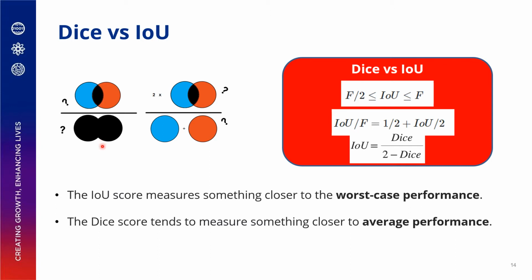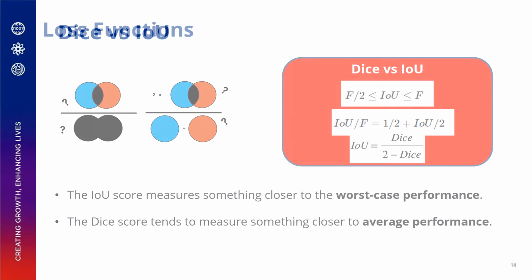However, what scientists have found empirically is that it's not epsilon that makes it converge faster. What really helps is just adding a unit value, one. So you just add one to the denominator for both IOU and dice, and you're good to go.